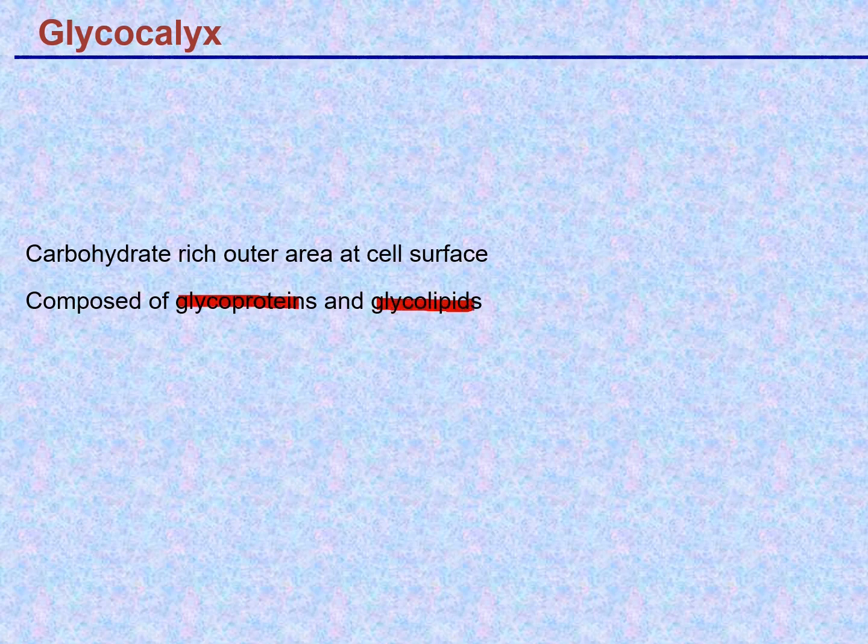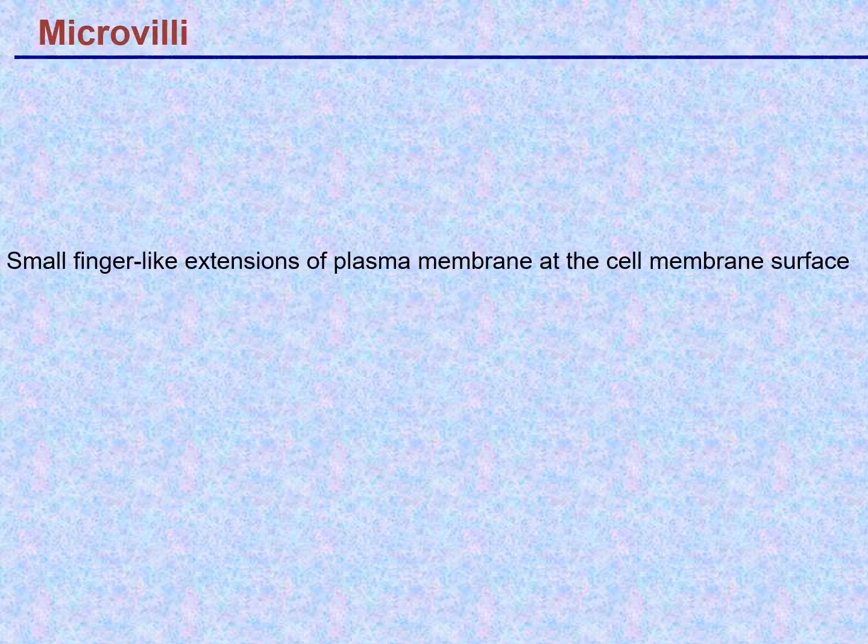The diagram showed these carbohydrates extending outwards from some of the proteins embedded in the membrane, and also extending away from the lipids in the phospholipid bilayer. The membrane at certain points has extensions to it, and these are called microvilli.